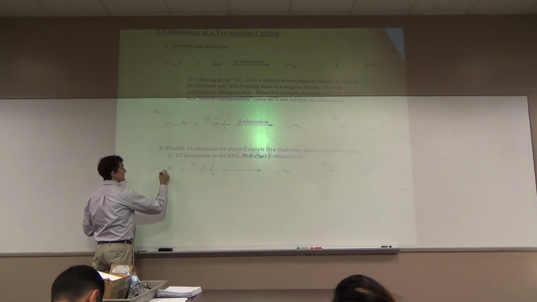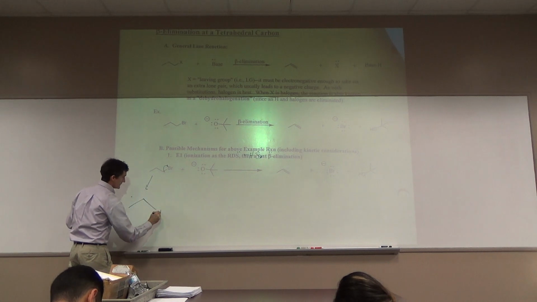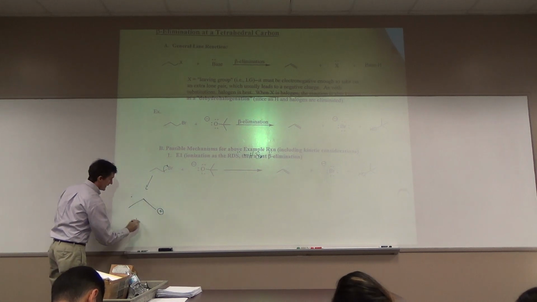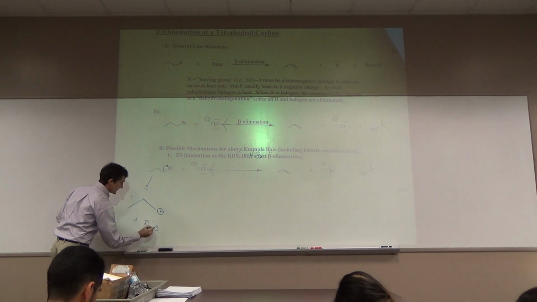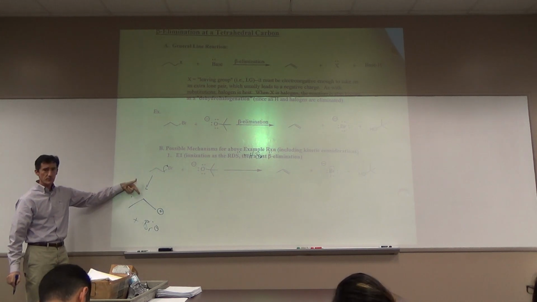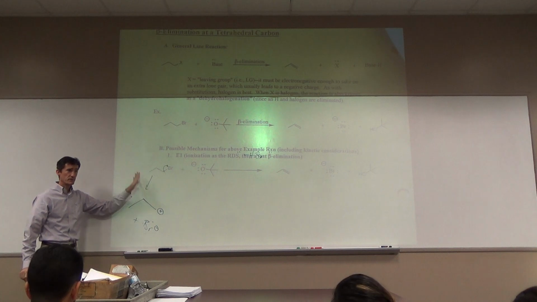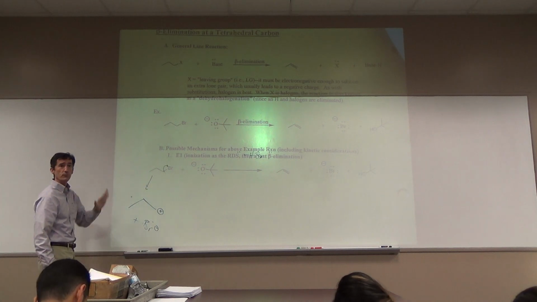So let's just have it leave. And that would form what? Carbocation plus Br minus. Now hopefully you already see that we don't like this mechanism because what type of carbocation did we form? Primary. Bad. But let's do it anyway because this is going to be the illustrating of our E1 mechanism.